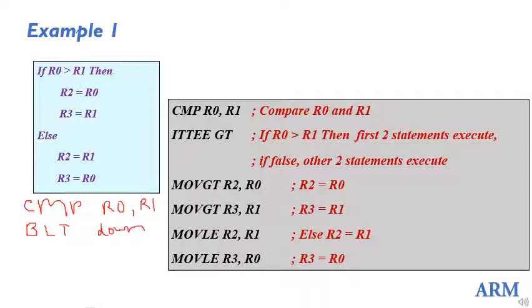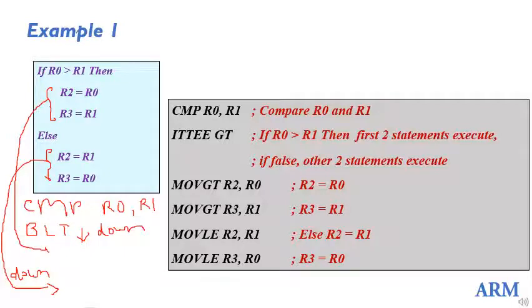So down here I would write R2 equal to R1 and R3 equal to R0. And if it was not less than, that means it is greater than, then this block of statements I would be writing here. The thing here is, it is going to change the program flow.